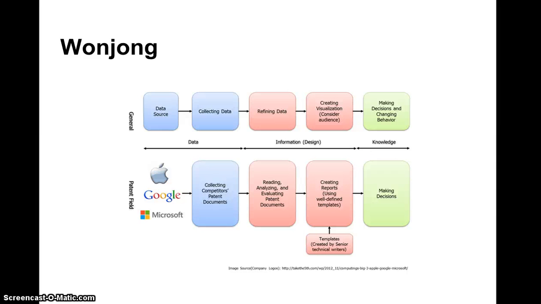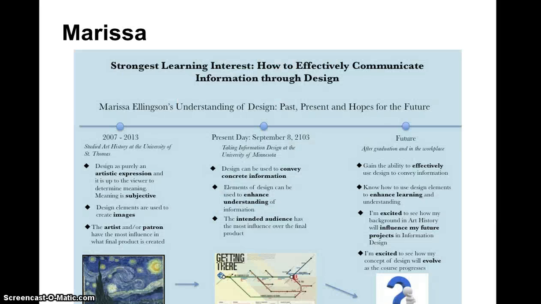And we have levels of detail from the general to the patent field, and then some use of icons or branding to immediately identify where Wanzhong works, in what domains he works. Here Marissa's done a good job of making all of the information interesting by showing process, using text and graphics to complement each other. And so here is an integrated approach.